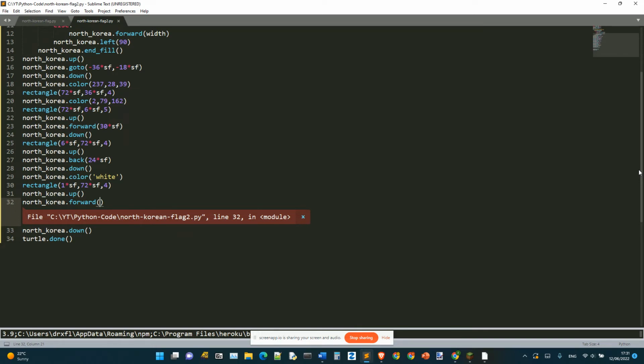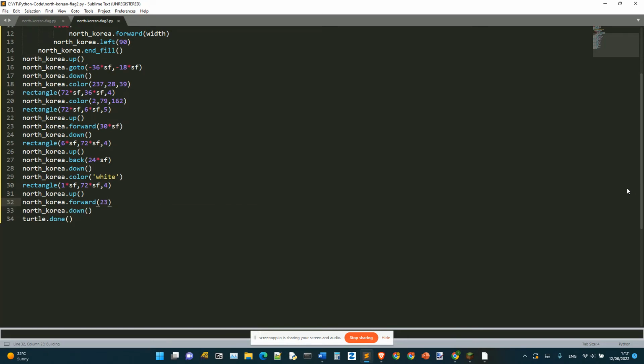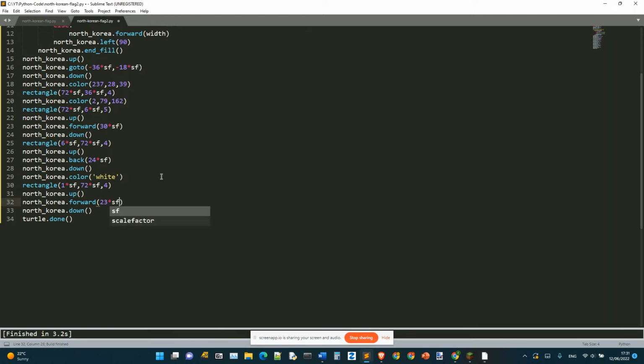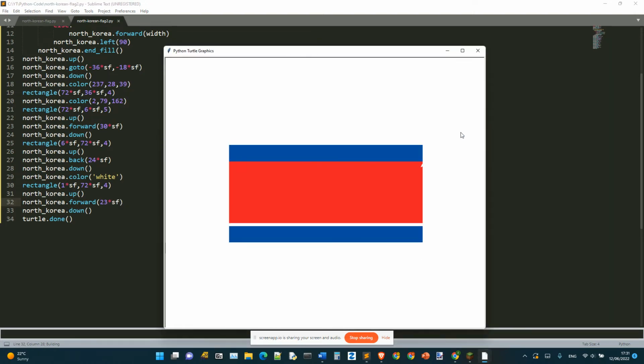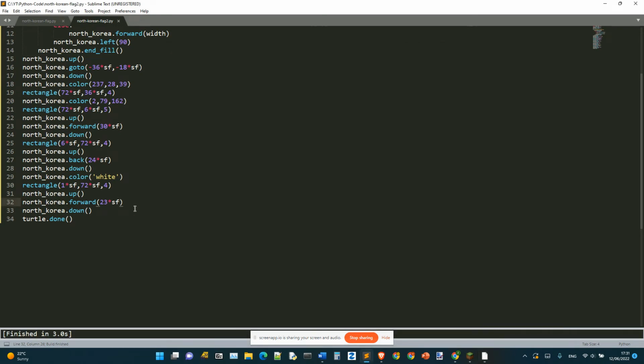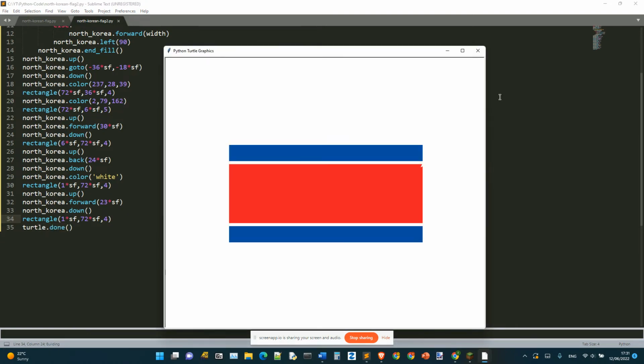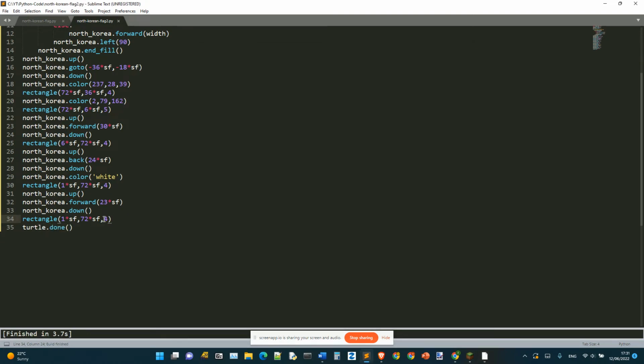So 36 minus 12, that's 24. That should be 23. Oh, SF, I always forget that. And I believe that it's in the correct place again. So let's repeat this. But yeah, now the stripes are done.